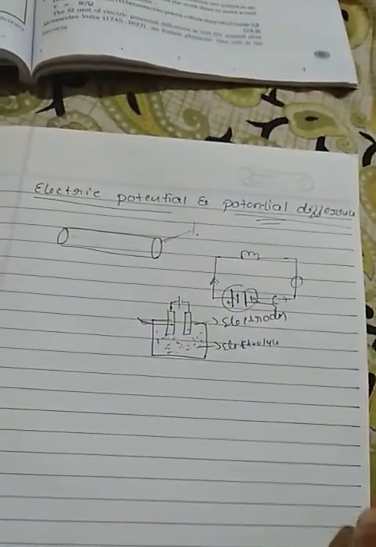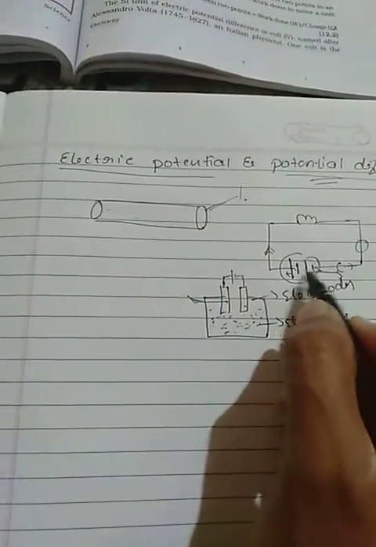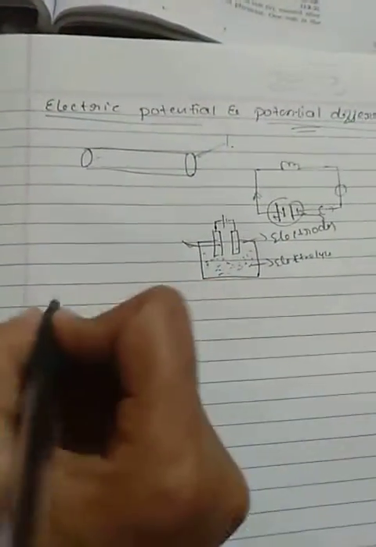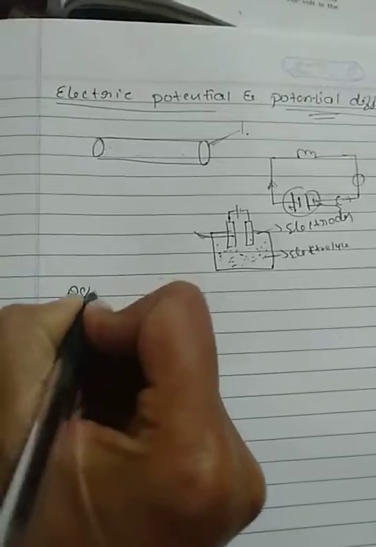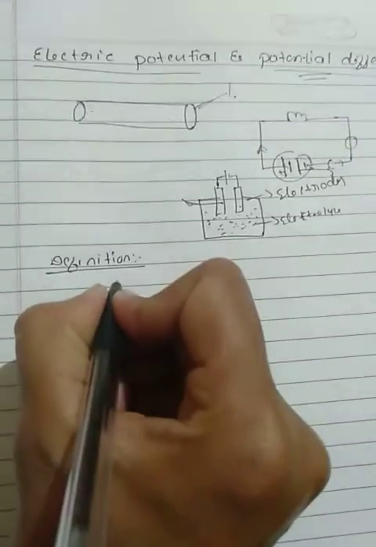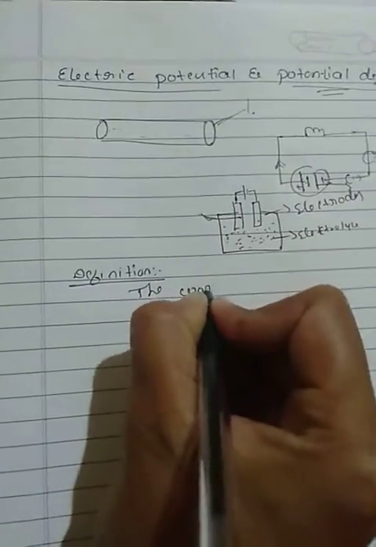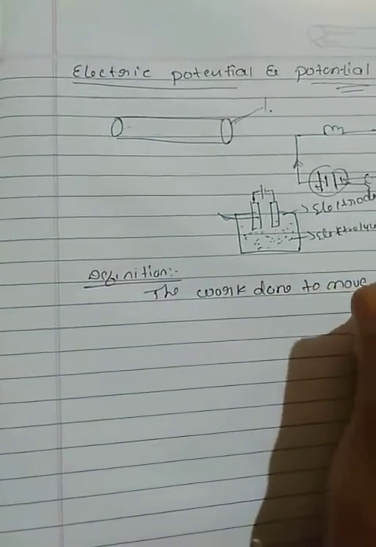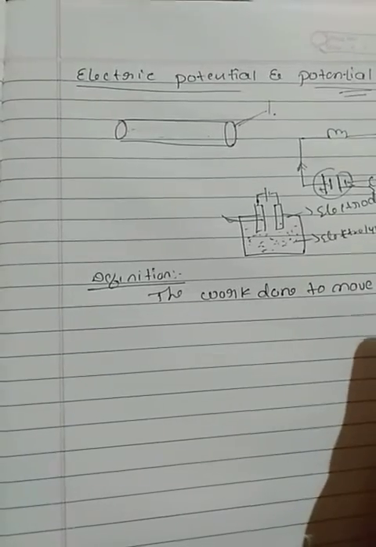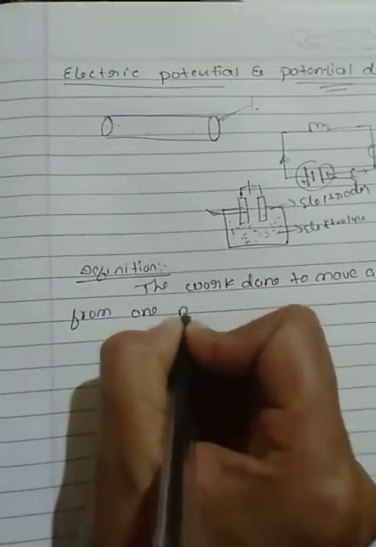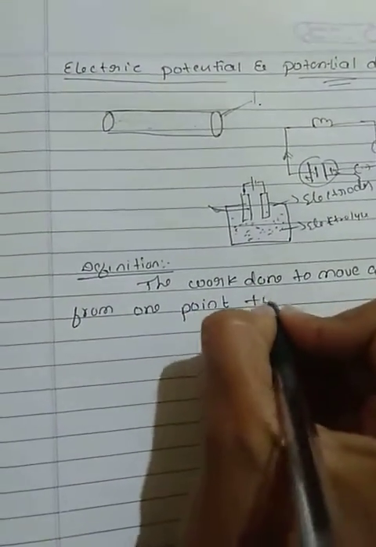How do we define electric potential difference between two ends of the electric circuit? The definition is the work done to move a unit charge from one point to the other.